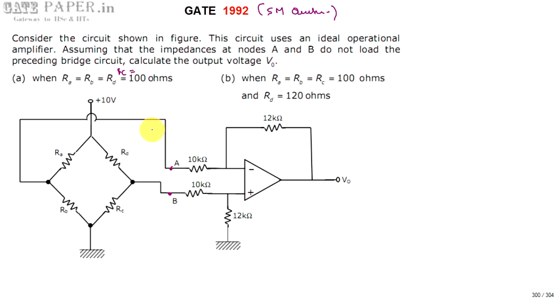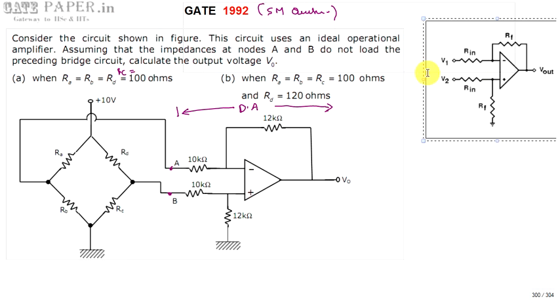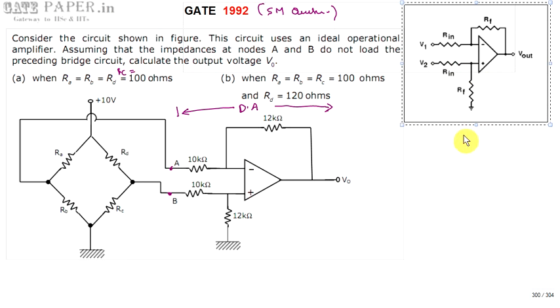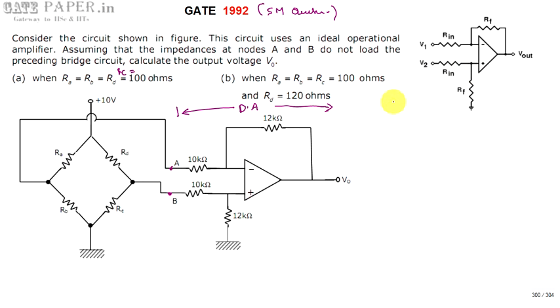Okay. So if you observe only up to this part, this is going to be treated as a differential amplifier using an op amp, and this is a simple differential amplifier circuit.